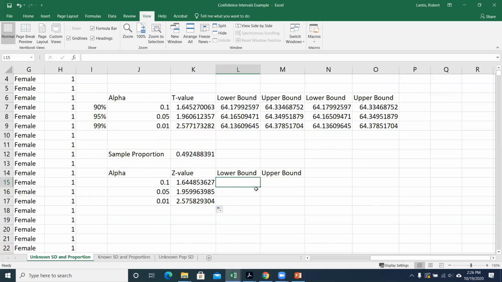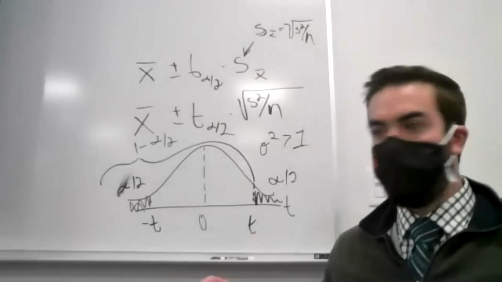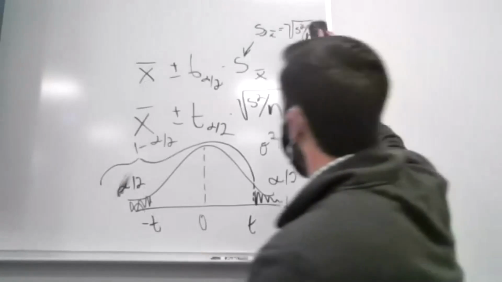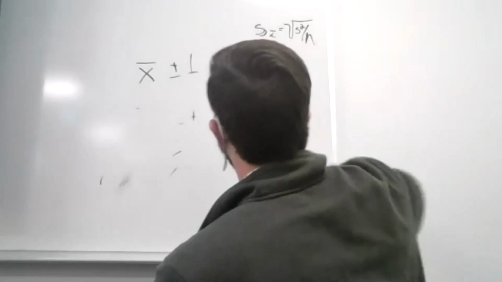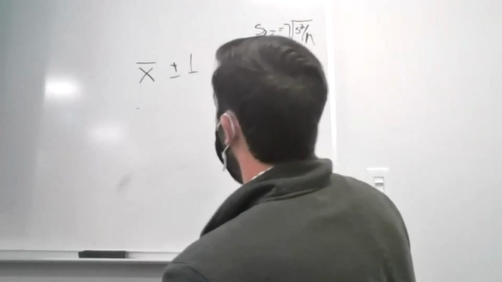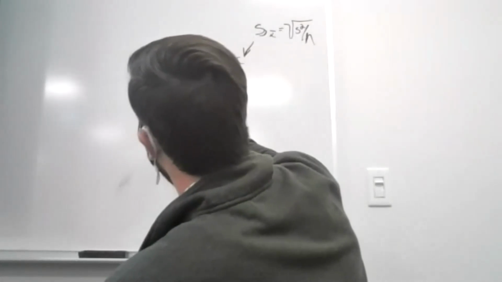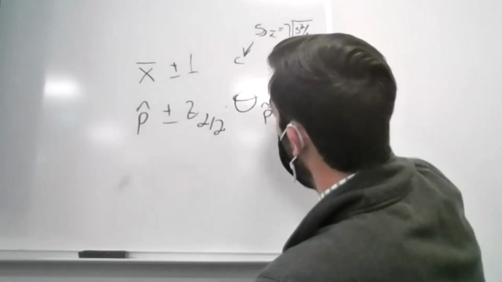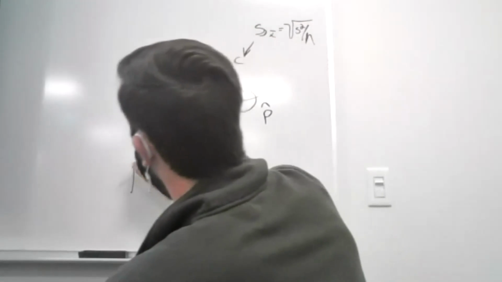So I then go to my lower and upper bound. Here we're just mimicking the formula we had for the confidence interval for sample proportions. So what we had there, when we're building a confidence interval for a sample proportion, we would multiply the z value by the standard deviation of our sample proportion.